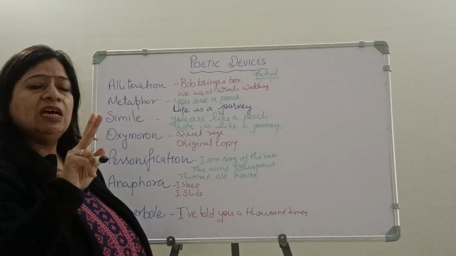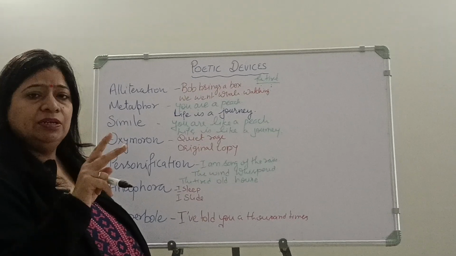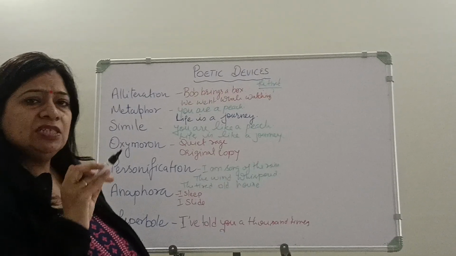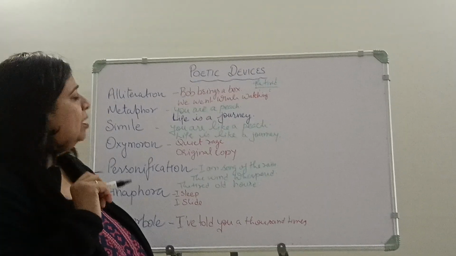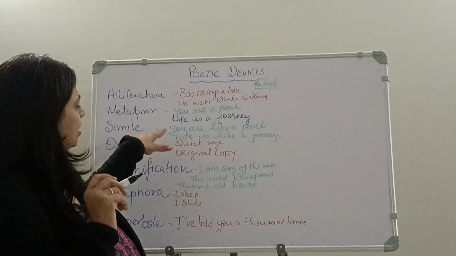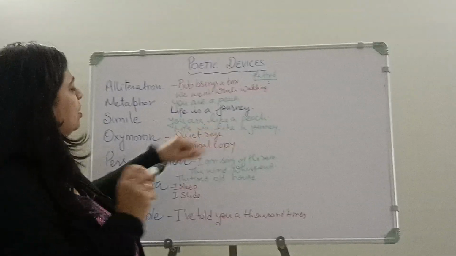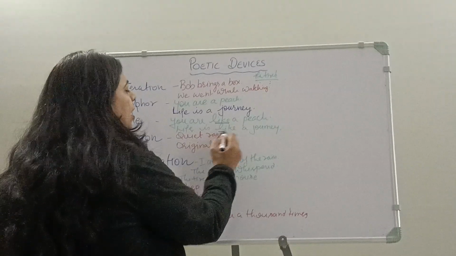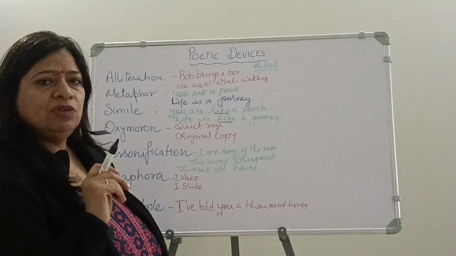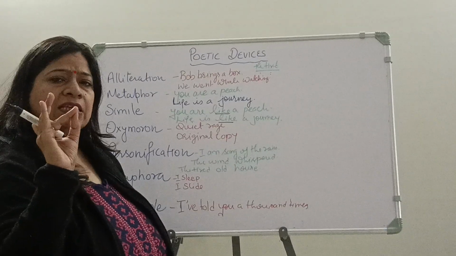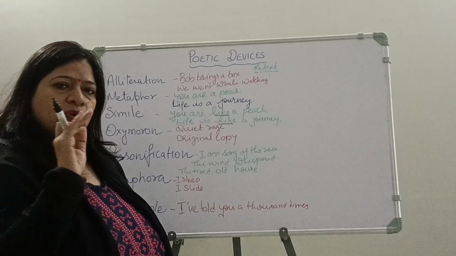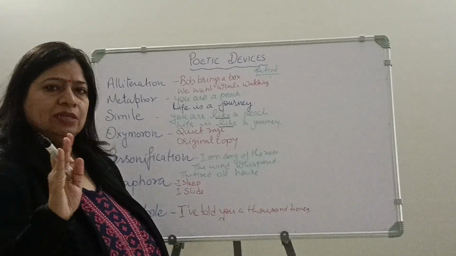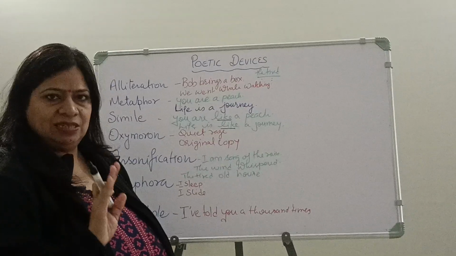Simile, when two things are being compared to each other on the basis of certain characteristics, we have simile there. So I have taken the same sentences, but I have used the words like. So in simile, we use the words like, as, and such. If we use these three words for comparing one thing to other, then it is called simile.